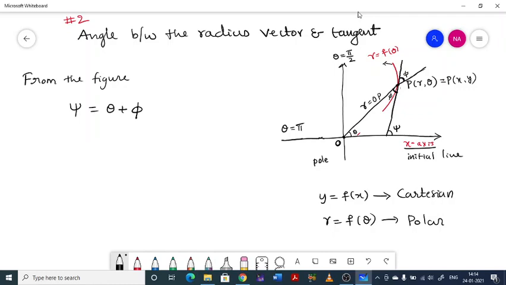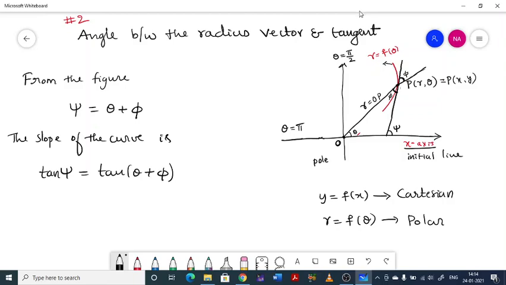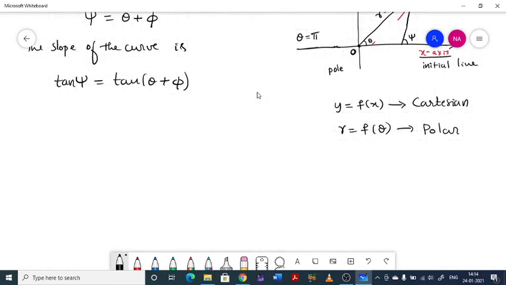Now taking tan on both sides, the slope of the curve is tan psi, which equals tan of theta plus phi. Here you need to use the tan of a plus b formula.